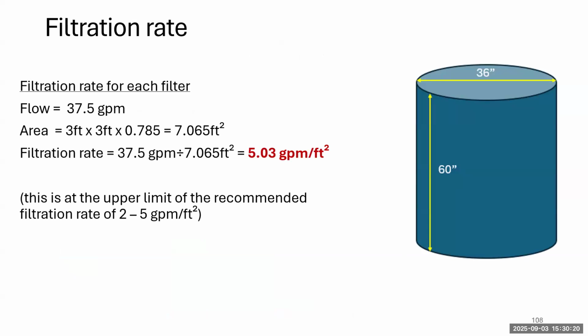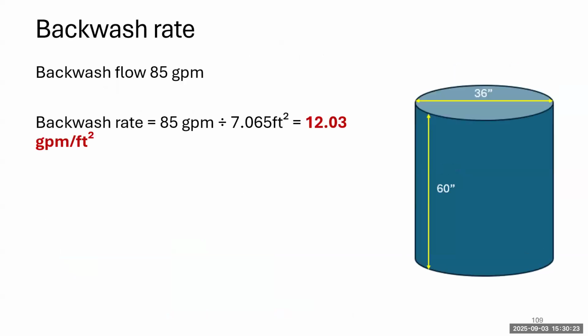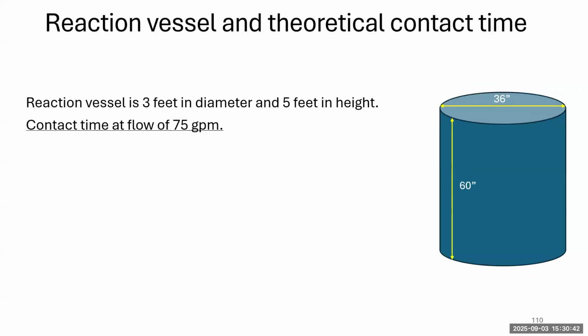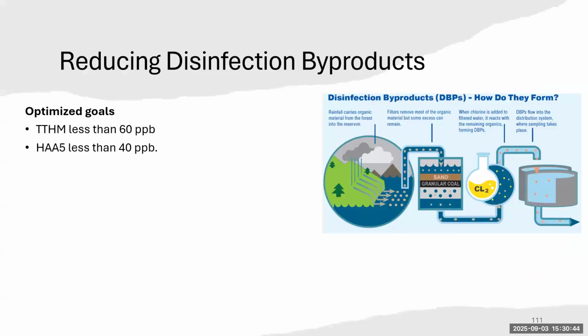So it was right at the max or a little bit over, and the backwash rate turned out to be 12.03 gallons per minute per square foot. That was also at or a little bit above the minimum backwash rate for that particular filter. So this plant was having problems, and they were right at their max on both the backwash rate and the filter rate.